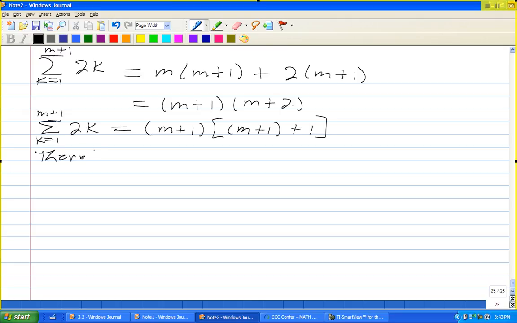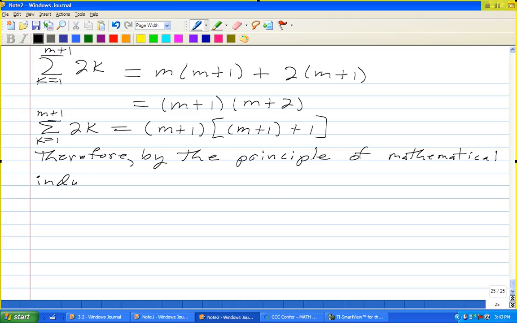So, by the principle of mathematical induction, this formula, sum k equaling 1 to n of 2k, is just n times n plus 1, and this is true for all natural numbers n. And that's what you wanted to show.